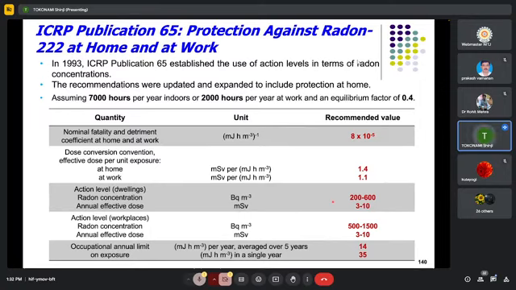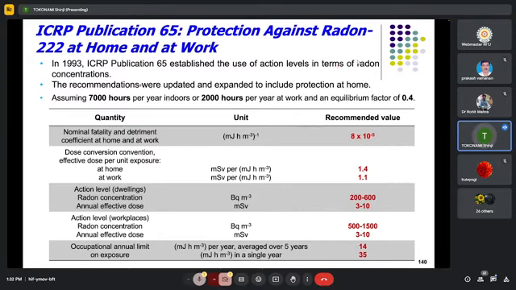ICRP Publication 65, the protection against radon-222 at home and at work. In 1993, ICRP Publication 65 established the use of action levels in terms of radon concentrations.